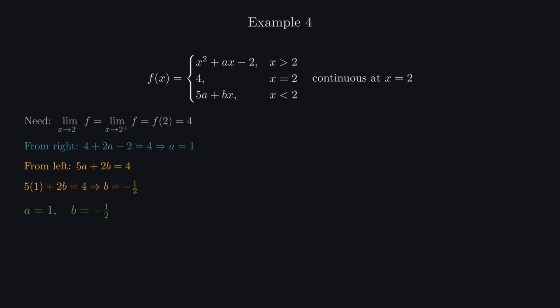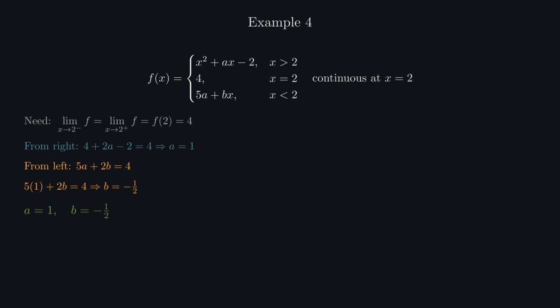And f of x equals 5a plus bx when x is less than 2. From the right-hand limit, 2 squared plus 2a minus 2 equals 4, so a equals 1. From the left-hand limit, 5a plus 2b equals 4, then 5 times 1 plus 2b equals 4, then b equals negative half. Then a equals 1 and b equals negative half.